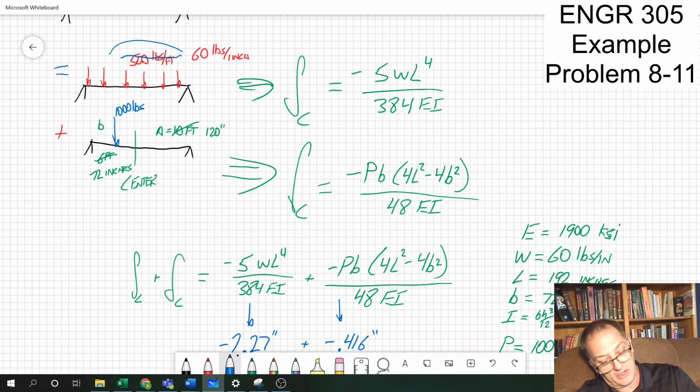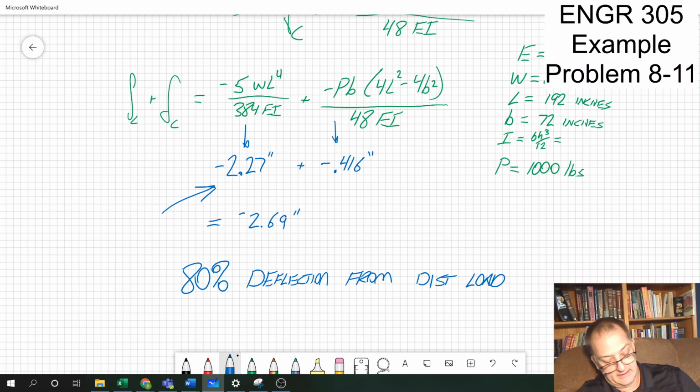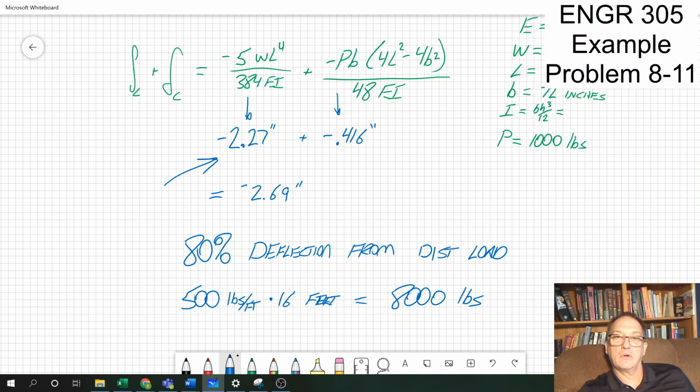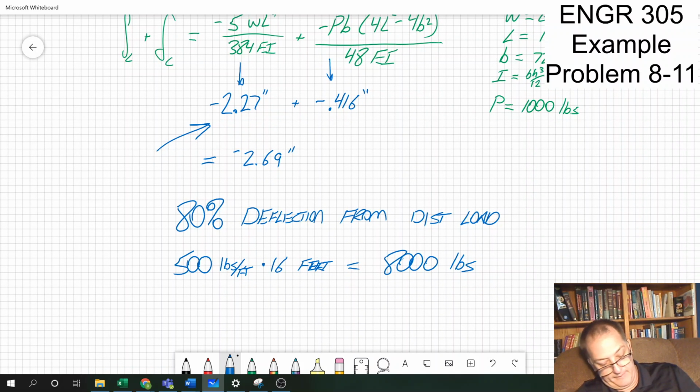I have 500 pounds per foot times 16 feet. That's 8,000 pounds from my distributed load. P was equal to 1,000 pounds.